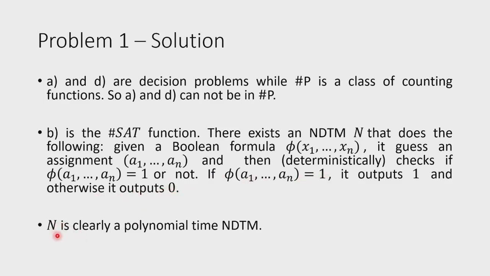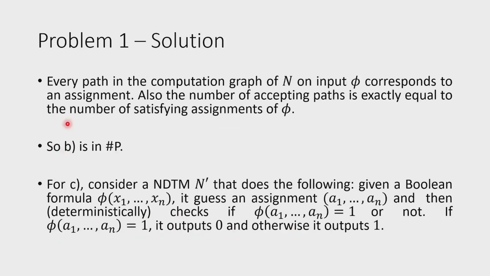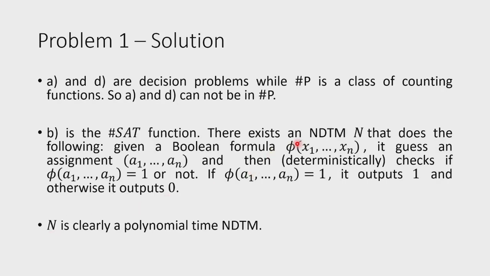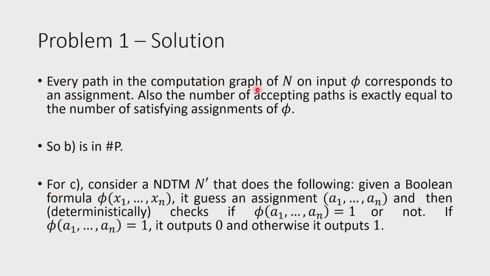Now clearly N is a polynomial time non-deterministic Turing machine, and every path in the computation graph of N on input phi corresponds to an assignment. This is because the only non-determinism that N uses is to guess the assignment a1 to an. Everything that it does after that is done deterministically.